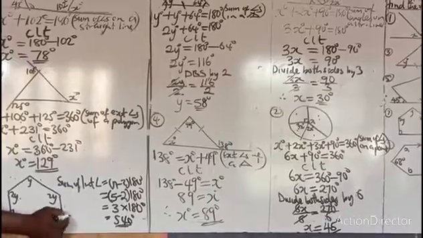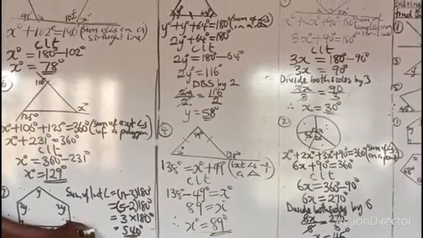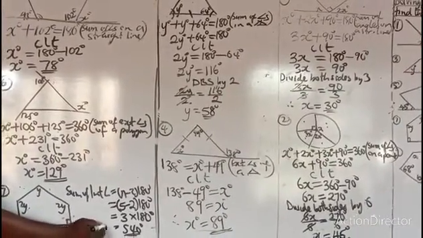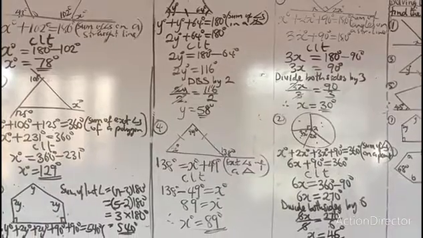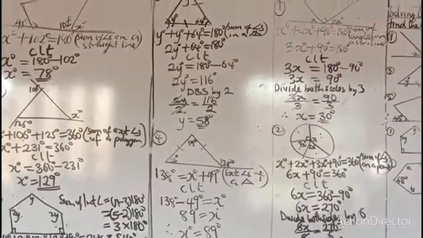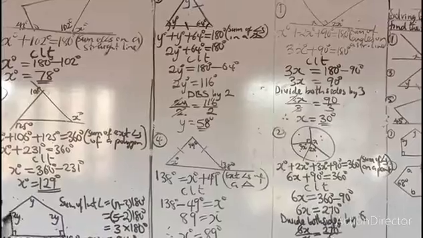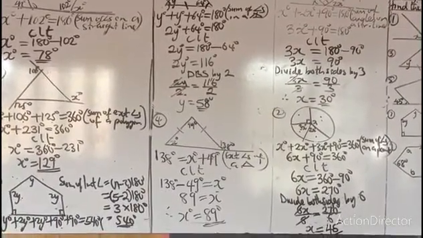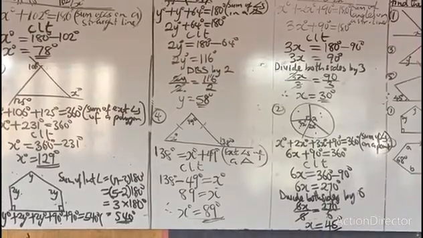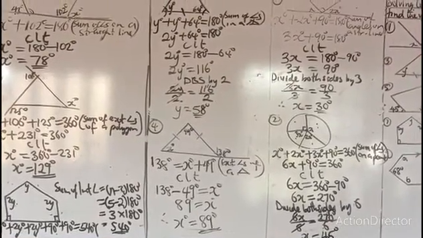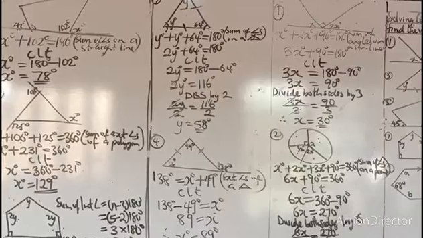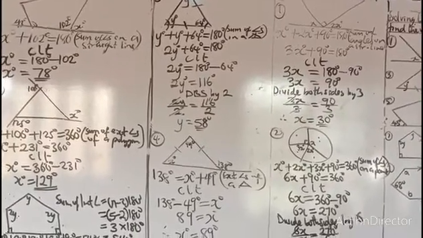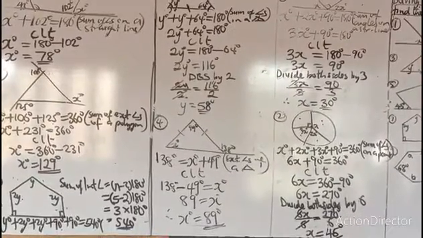Plus 90 degree plus 90 degree must be equal to 540 degree. What's your reason? Sum of angles in a pentagon. And we solve it. Do you understand that? So when we solve it, we get our y. Do we understand?